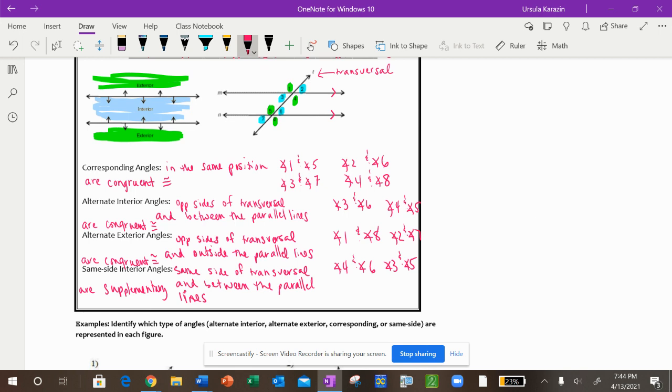So let's go over here. If you remember to do this color thing that I've done here, every time you do problems with these angles, it's going to help you. All of the blues are the same measure, so that's congruent. All of the greens are the same measure.